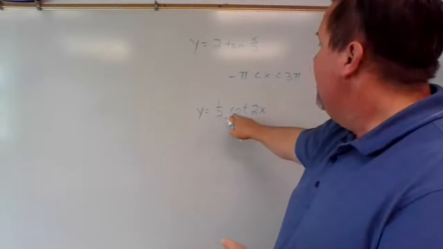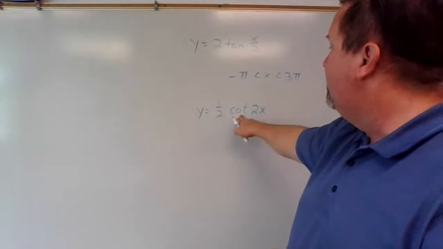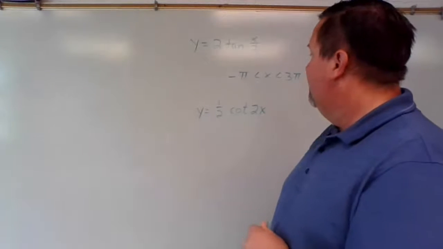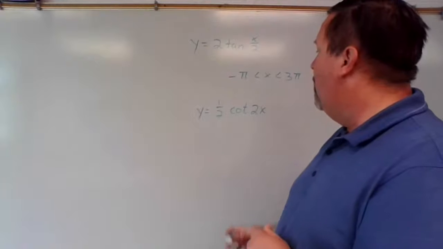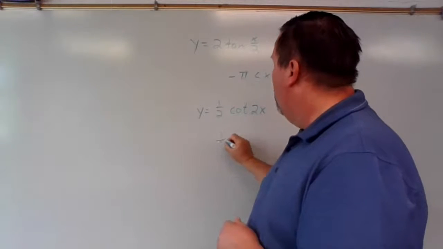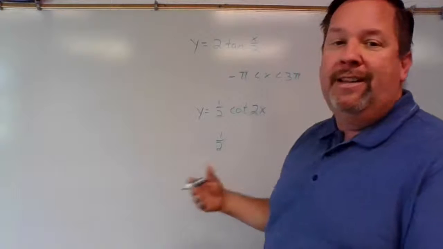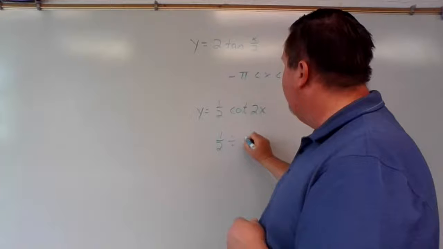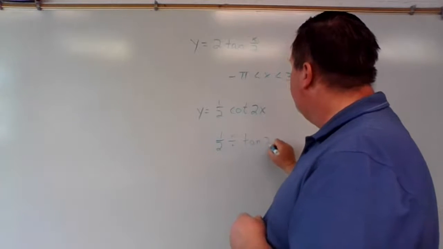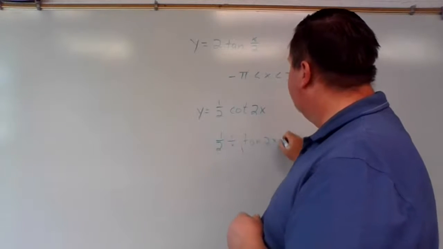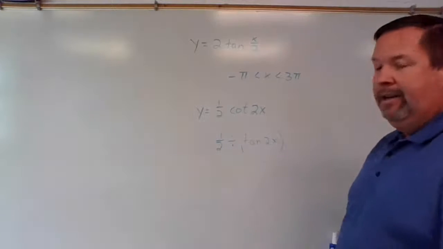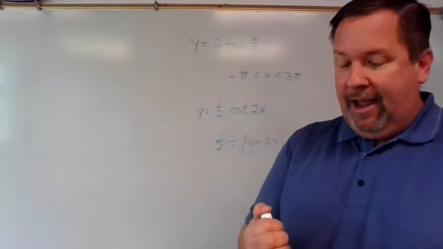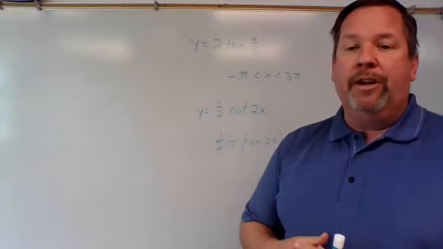That's not changed. It's here. Cotangent is 1 over tangent. 1 over is the same thing as saying divided by. So I'm going to do 1/2 divided by tan 2x. That's the same thing as 1/2 over tan 2x. And if we put that in our calculator, we would have a perfect representation.